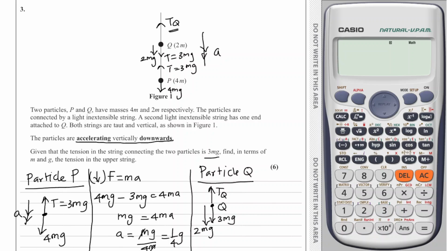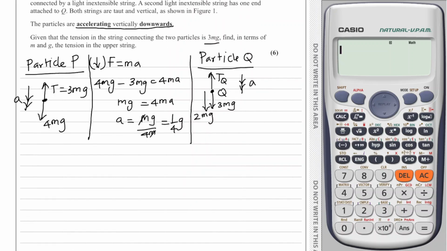This is what we need to identify, and the object is moving downwards with acceleration A. For this particle also, downward direction is positive, F equals ma. The forces: 2mg is positive, plus 3mg is also positive because both forces are downward, and then minus TQ, which is upward, equals the mass multiplied by acceleration. The mass is 2m, so it is 2m times A.